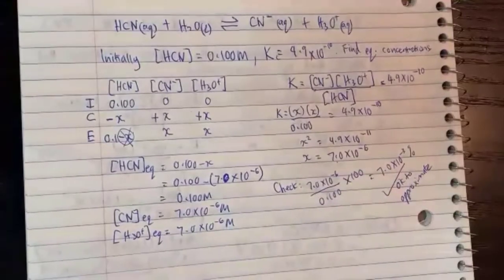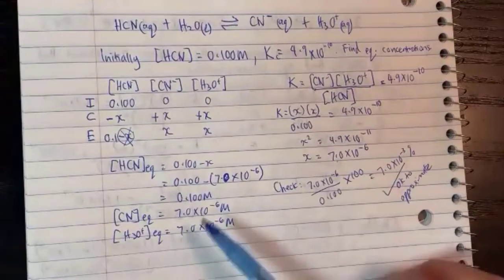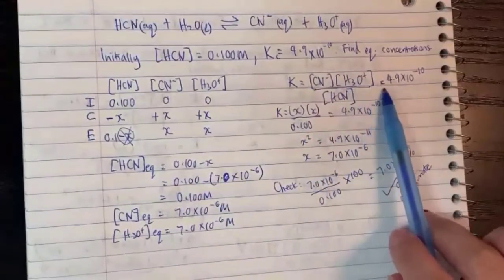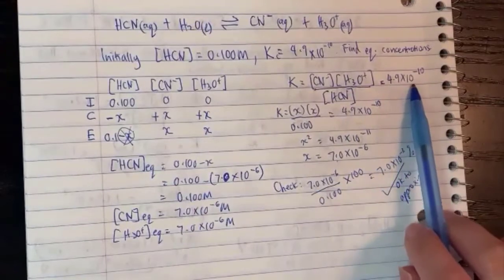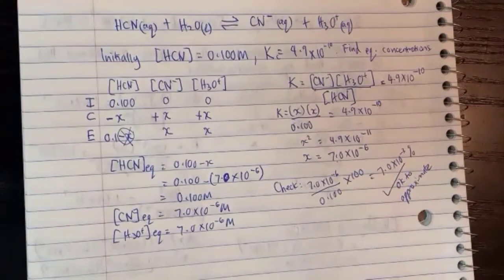Now, if you're concerned that you might have gotten the wrong values, if you plug these values back into this formula here, you should get an answer that's really close to 4.9 times 10 to the minus 10, if not the same number. All right, so that is it for the approximation of math parts.